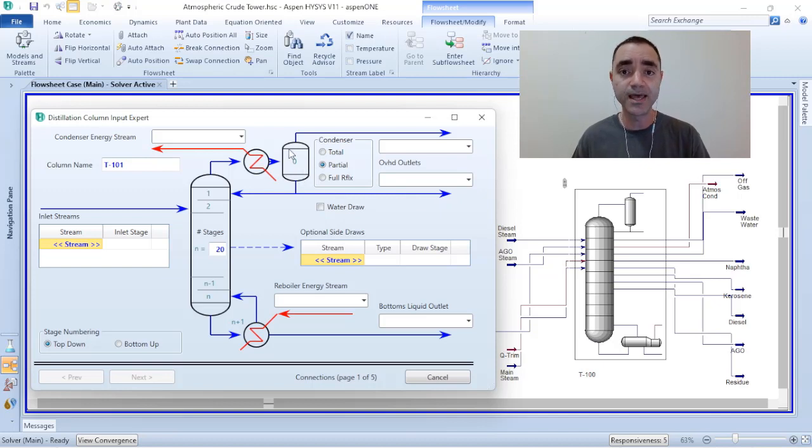So in this case, I have another stage of equilibrium. So summing up, 20 plus 1 in the reboiler, and 21 plus 1 in the condenser, in the partial condenser.